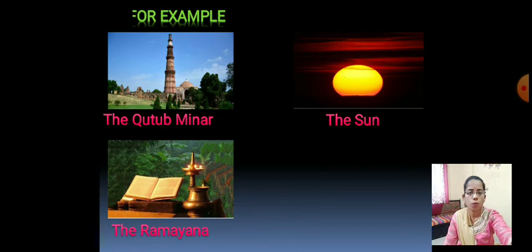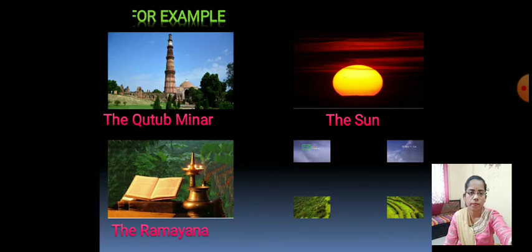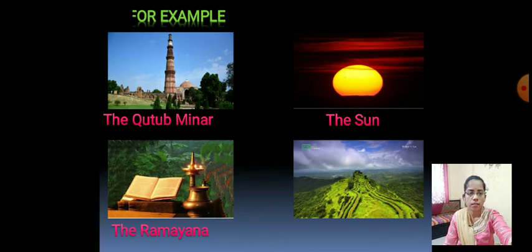This is a holy book, so we use the there: the Ramayana. At last, a historical place is mentioned here, the Sahyadris. So before holy books, monuments and historical phenomena, we use the.